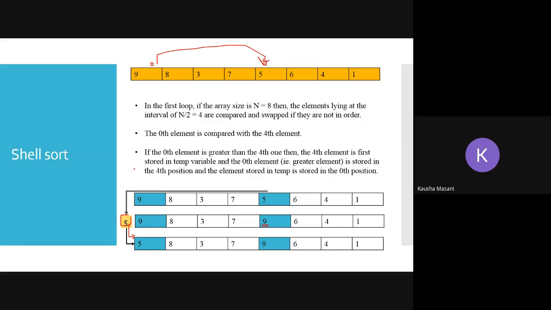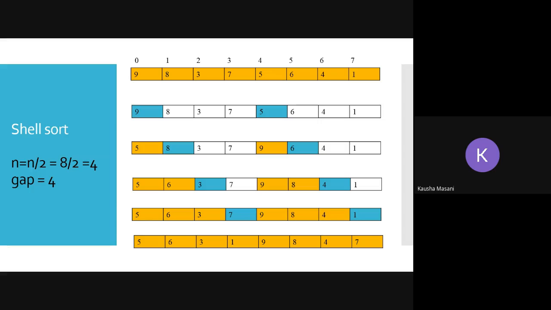So when we go for the second pass here, initially my gap is n by 2. So 8 by 2, equal to 4. So what we did here, 9 and 5, from 0th index we are moving 9 to index 4. So these orange places are your sorted places.